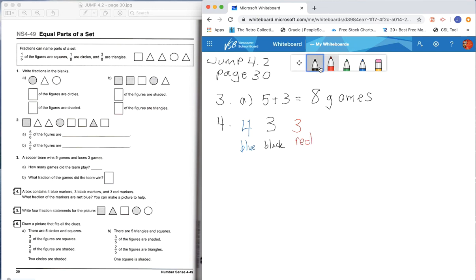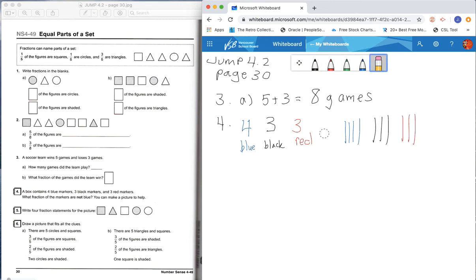So the question is, what fraction of the markers are not blue? You can make a picture to help. Okay, so if you want, we can make pictures. So we'll do 1, 2, 3, 4 blue, 3 black, and 3 red.